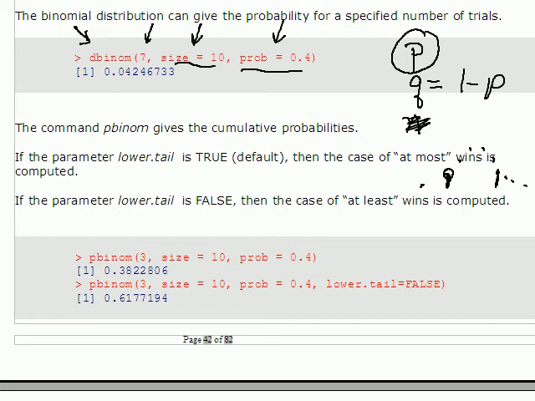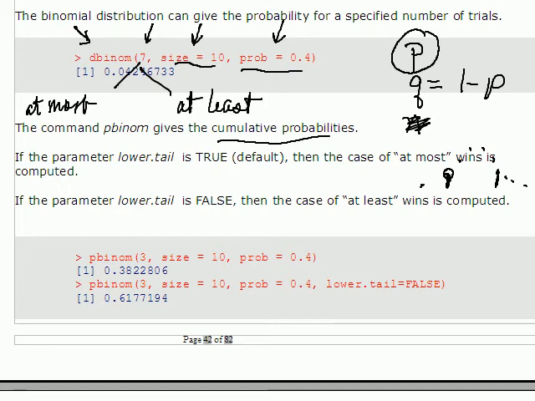You can plot these if you make some arrays, as I did for the continuous distributions. But what I'm going to look at right now is just finding the probabilities. Now the other thing you might look at are what we're going to call cumulative probabilities. Say you want to find the probability you win at most 7 games, or the probability you win at least 7 games.